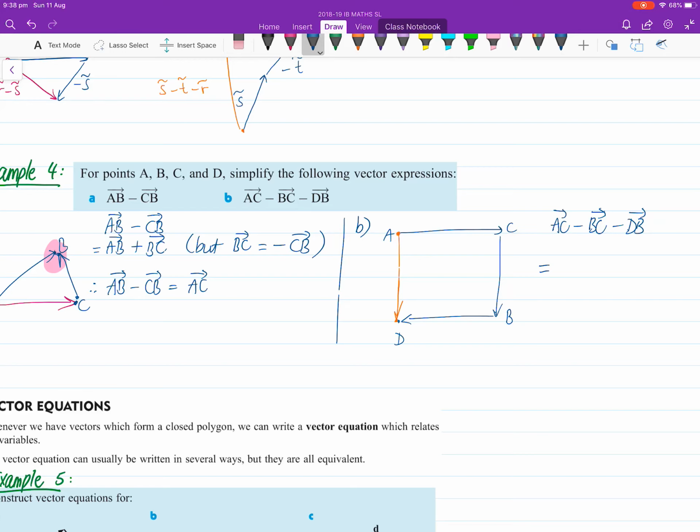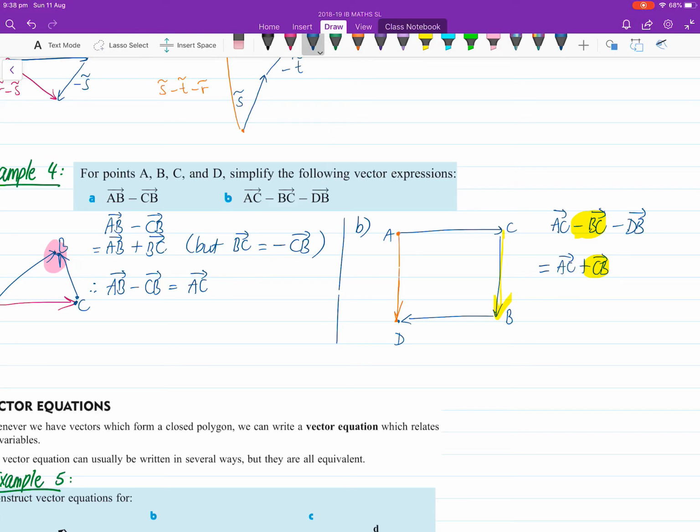So you can see I've got AC. Then when you do negative BC, that's the same as plus CB, going this way. We're saying it's the same as negative BC. The way we've put the B and the C makes that true.